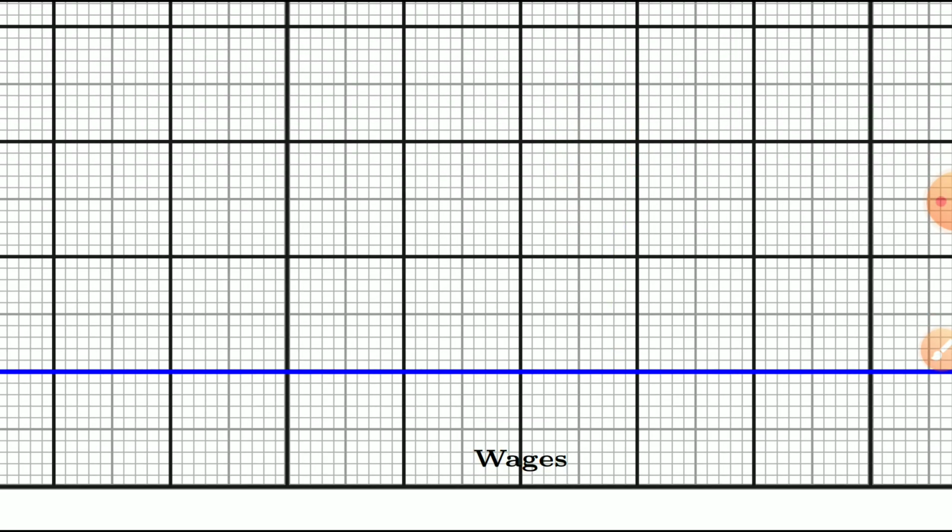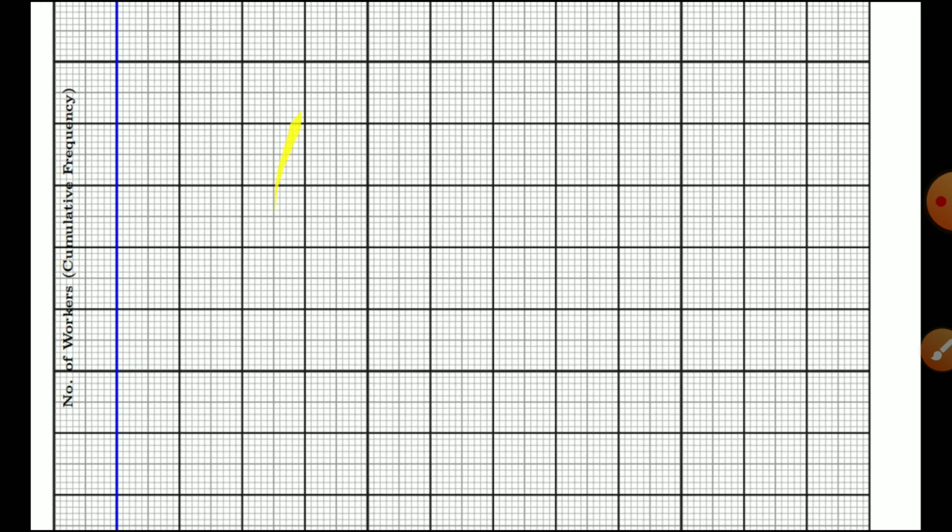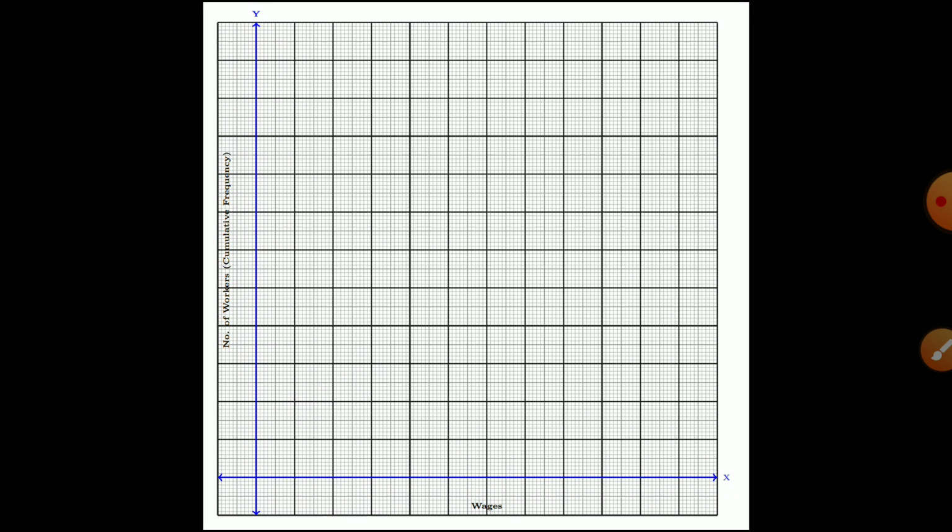So see here, the wages we have to write on the x-axis, and on the y-axis we have to write number of workers or cumulative frequencies.